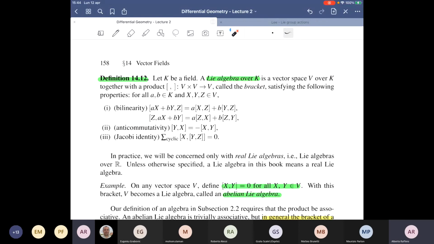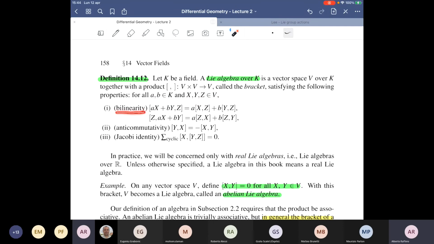In particular, a Lie algebra will be a vector space over some field K you consider, together with a product denoted in this way, which is the bracket, which satisfies the following properties for every numbers in the field and every vectors in the vector space.